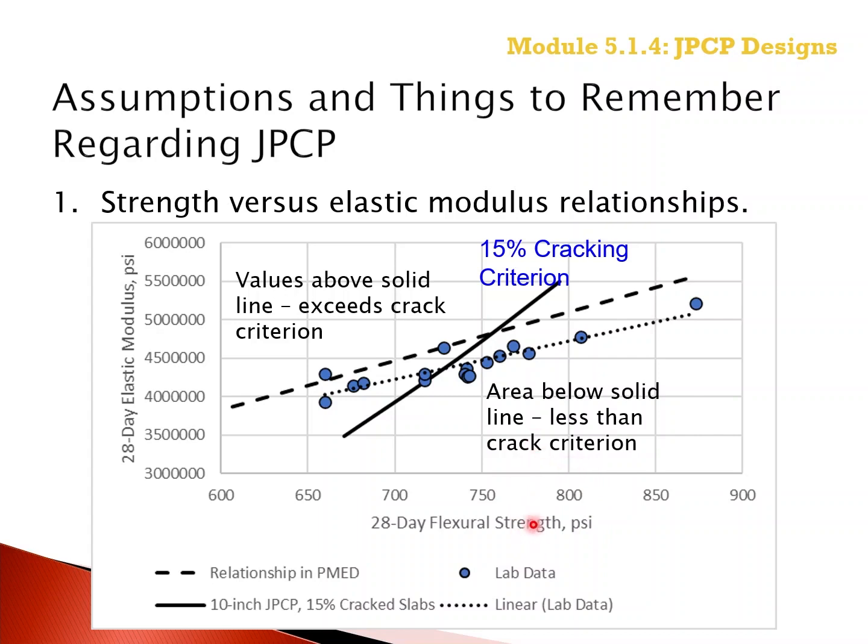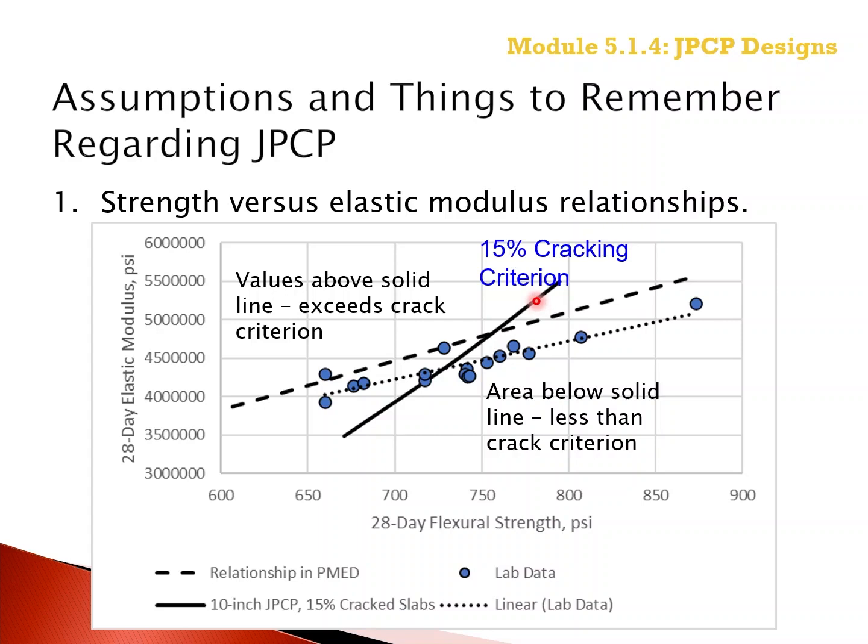In other words, if we have a modulus of rupture of, say, 775 psi, that results in a modulus of about 5.25 million psi. That will result in about 15% cracked slab.